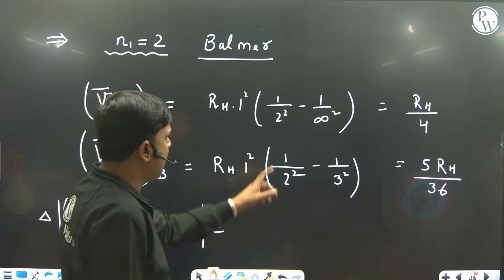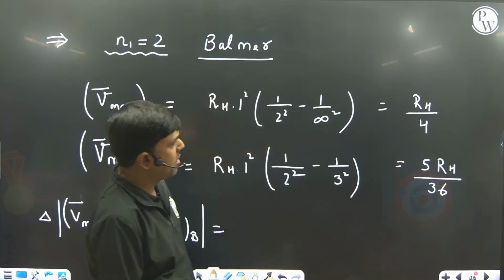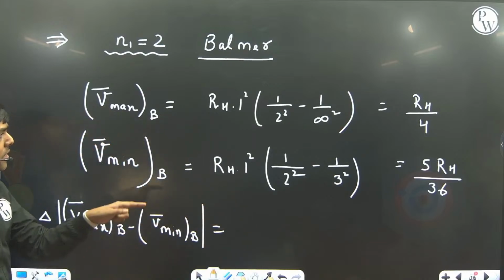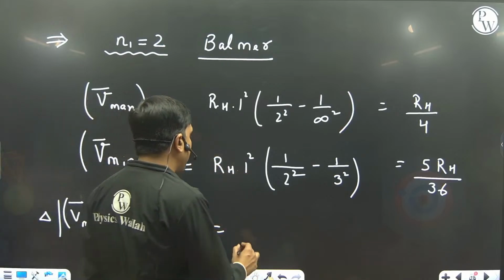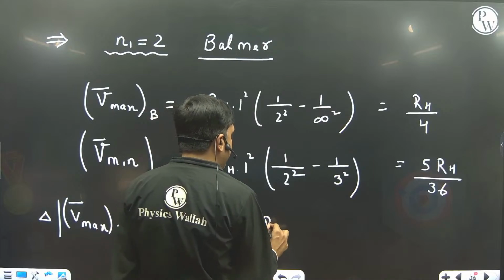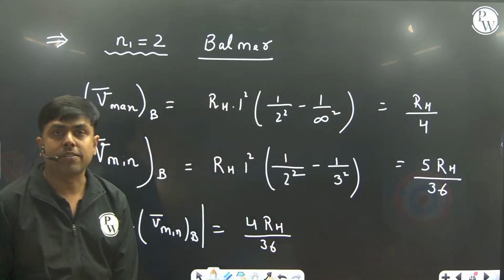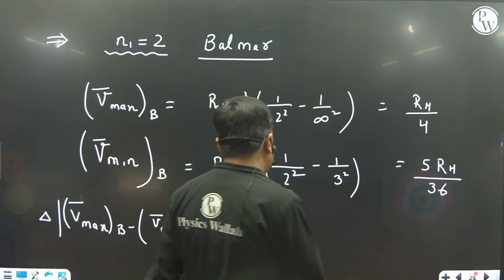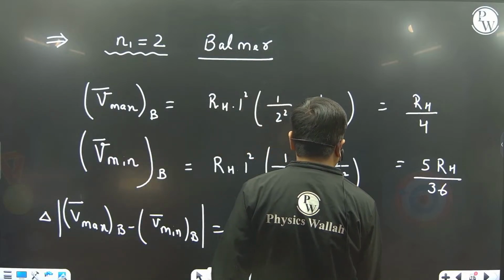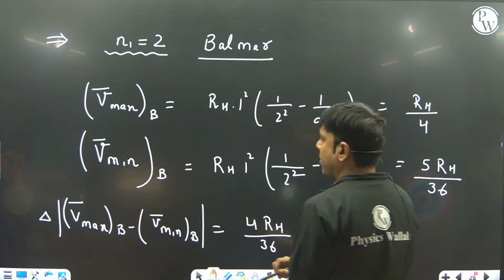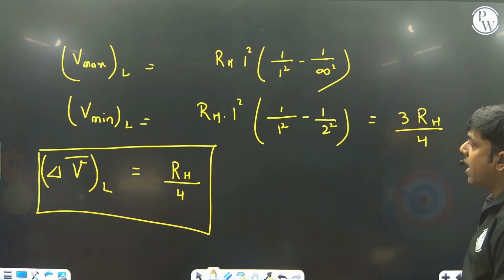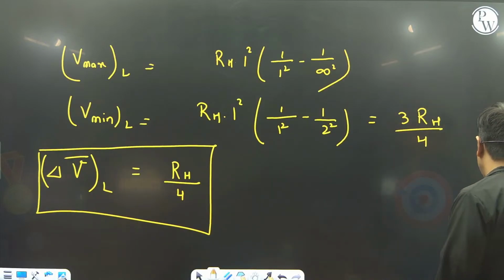Can we calculate? RH by 4 minus RH by 36. 36 will be the LCM, and it's 9 minus 5, 4 RH upon 36. This is the difference. So here it's RH upon 9. First one, second one, and the first one is RH upon 4.